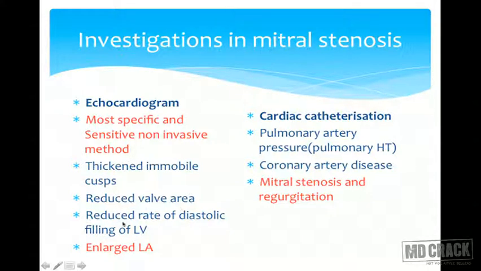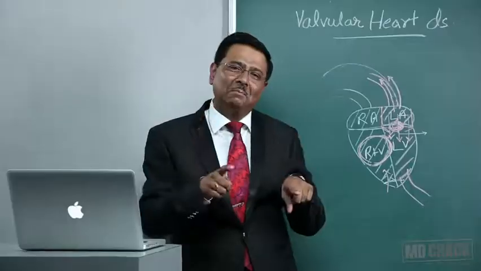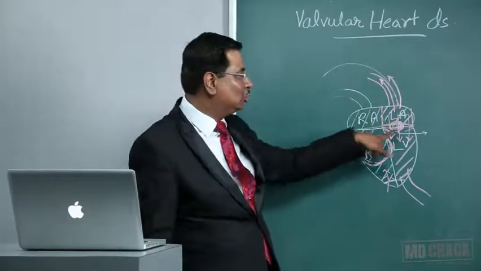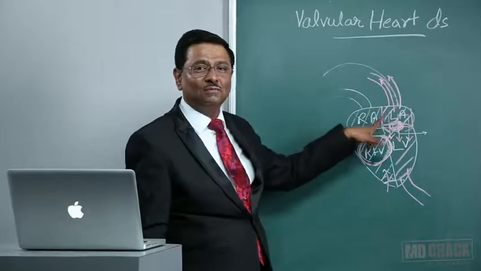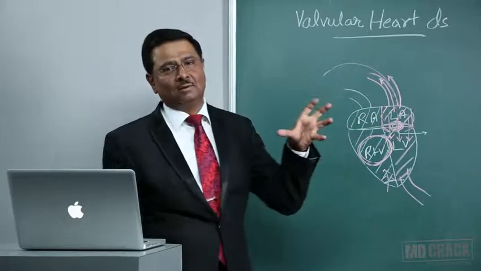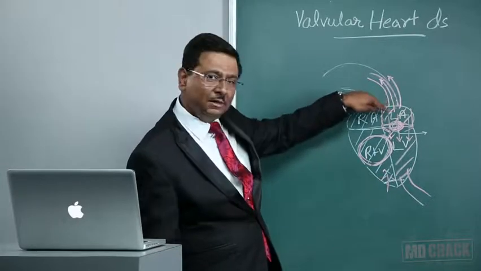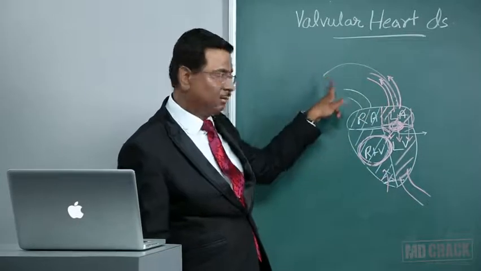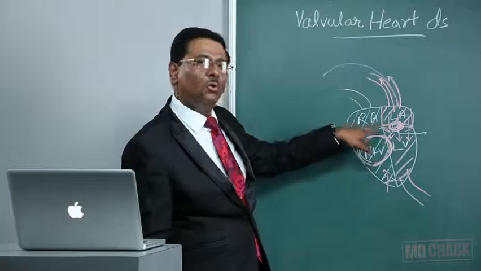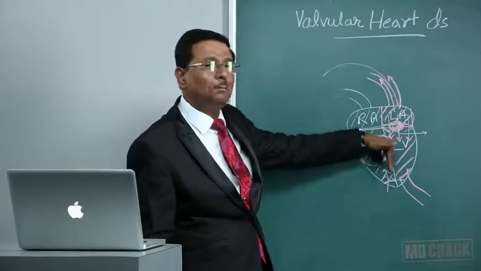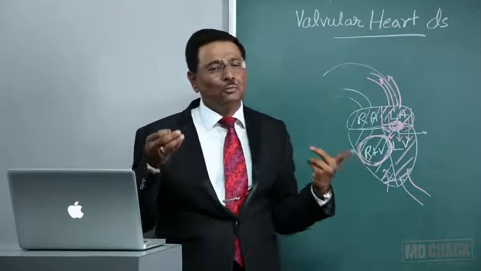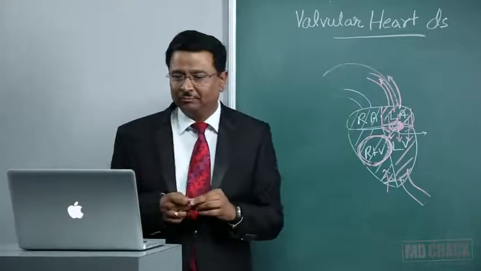It will also show you the reduced rate of diastolic filling of the left ventricle, and importantly, please remember, echocardiography will show you enlargement of the left atrium, which is the hallmark of mitral stenosis. So it is easy: this enlargement, back pressure, loud first heart sound, opening snap, and the mid-diastolic murmur tell you most about mitral stenosis.